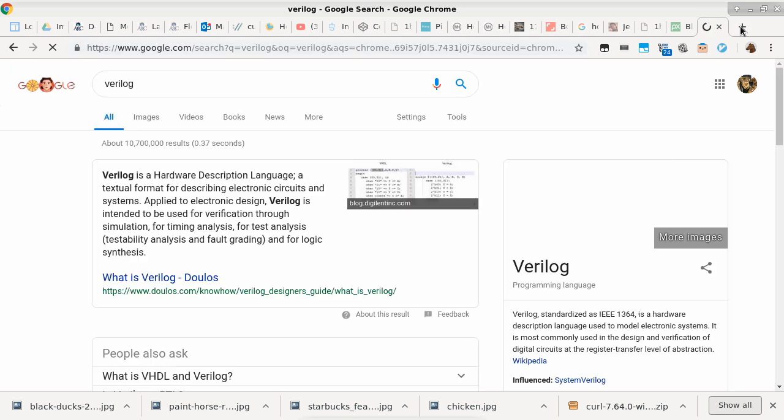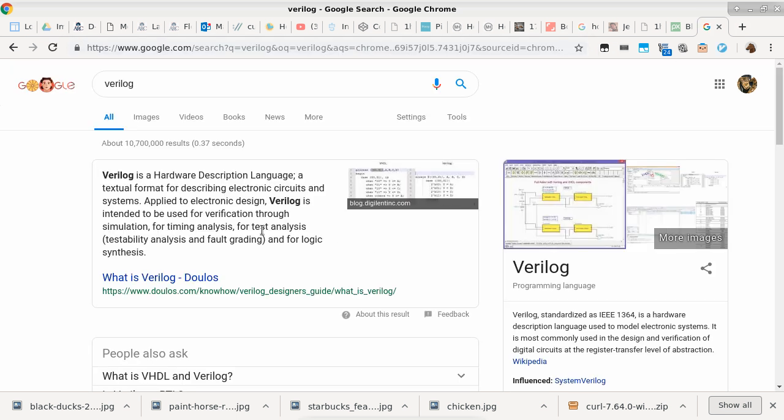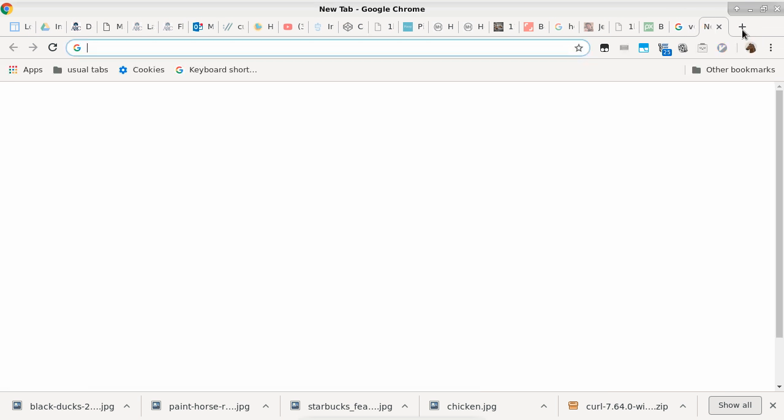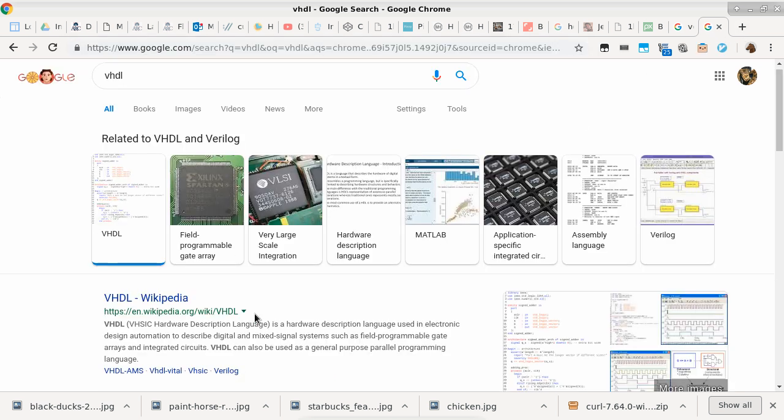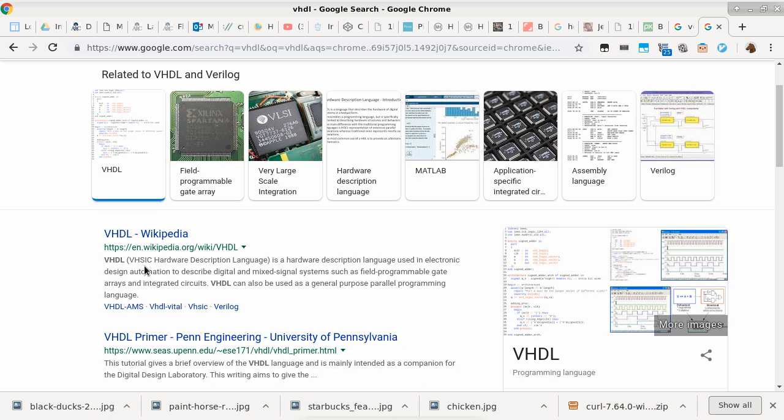So one is called Verilog. Verilog is what we call a hardware description language. The idea is, we want to be able to describe a circuit using text and not a picture. Verilog is used a lot in industry, and the other one is called VHDL, which stands for VHSIC hardware description language.